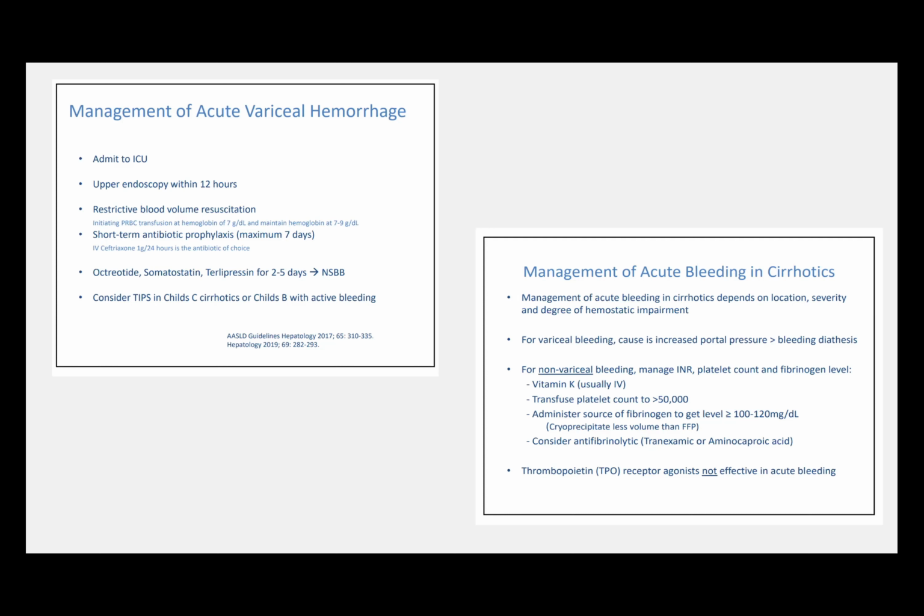There has been some talk about TPO receptor agonists. Those are being used mostly in the outpatient setting. They're being used in the preoperative setting of elective surgeries to treat thrombocytopenia. They're usually started 10 to 14 days before the surgery.